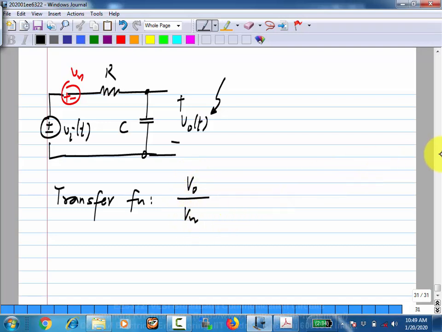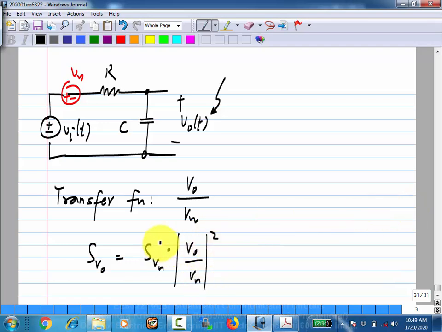Then what do I do with that? Yeah, so basically the noise times the transfer function is the output noise. So the power spectral density at the output will be the power spectral density of Vn times the magnitude square of this transfer function.